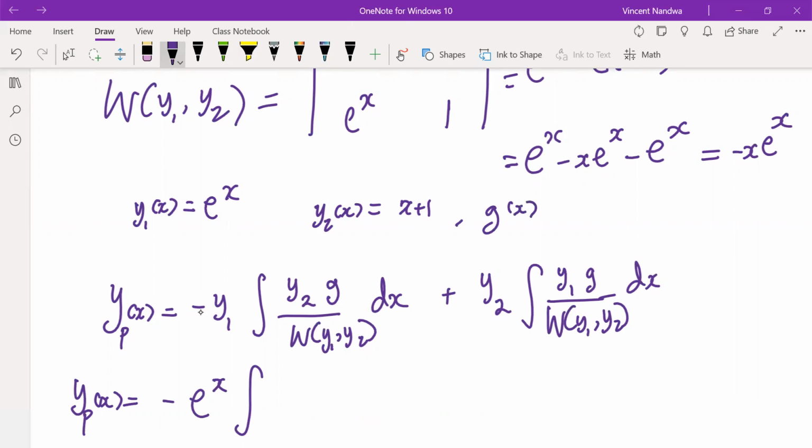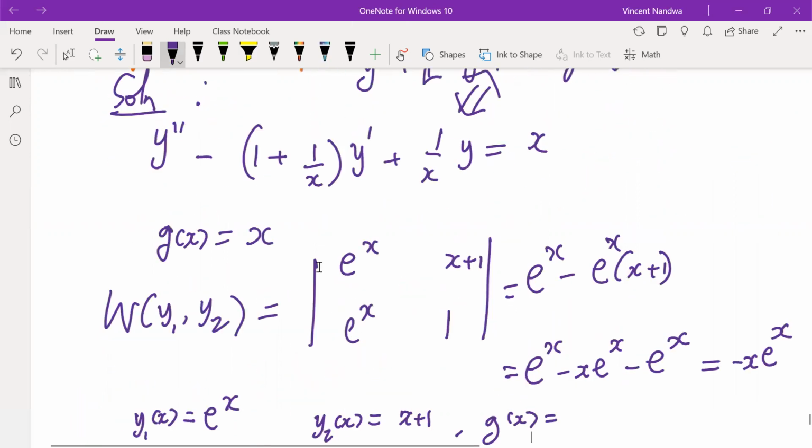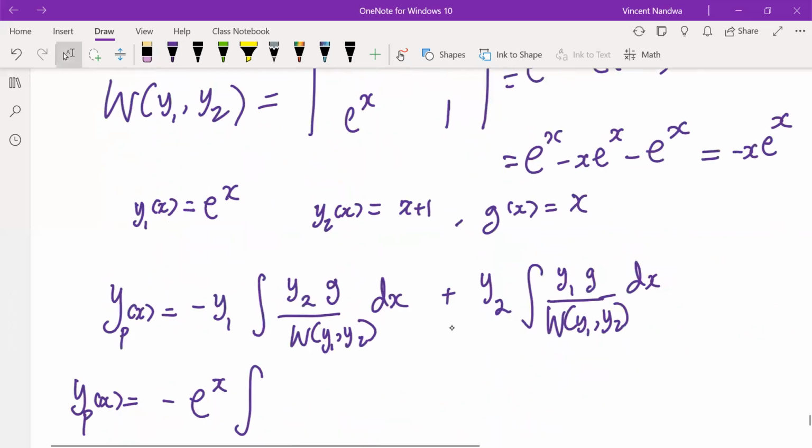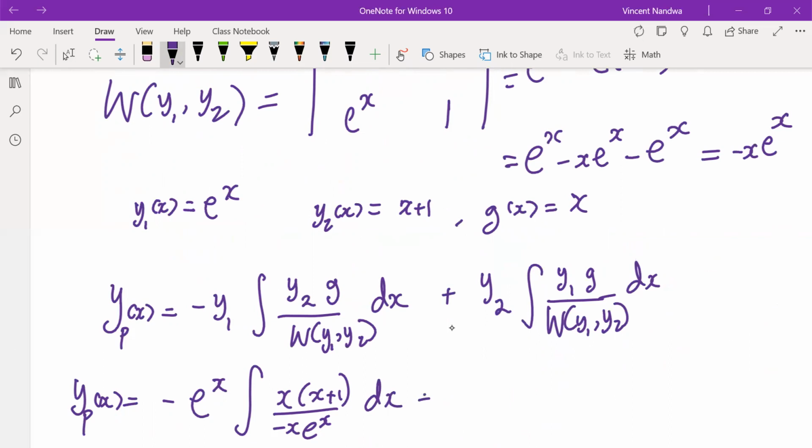Remember, g of x is given by x after rearranging this in standard form. So x times y2 will have x plus 1. Wronskian is minus x e raised power x dx plus y2 is x plus 1. Integral of y1, which is e raised power x times g, which is x, over minus x e raised power x dx.